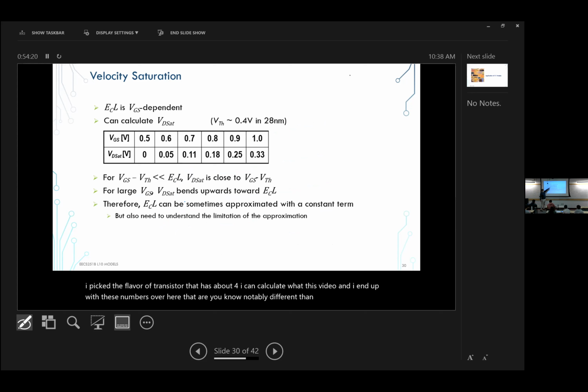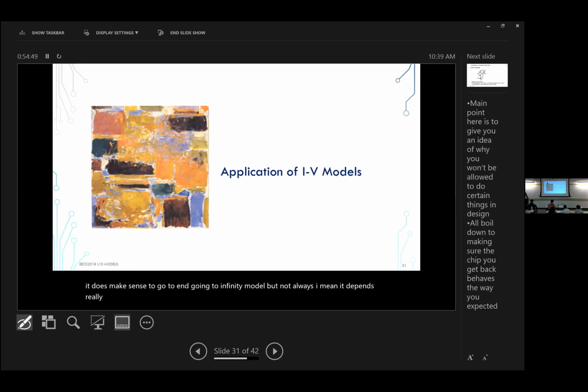I mean, if you subtract VPH of 0.4 from over here, it kind of matches down low, but then gets closer to something like this. Bends upwards. In some cases, it does make sense to go to the N going to infinity model, but not always. I mean, if it bends really sharply, that would make sense. So let's take a look at what is the application of these models.